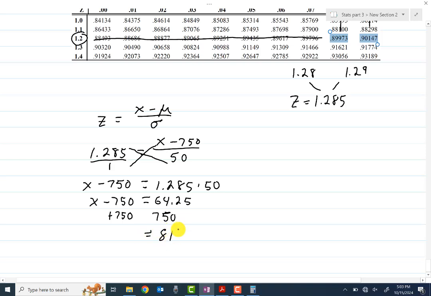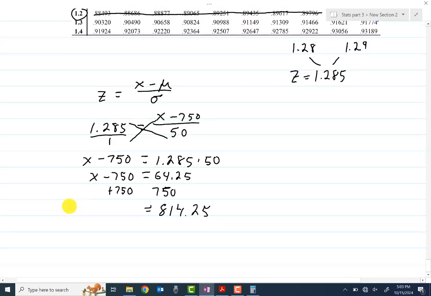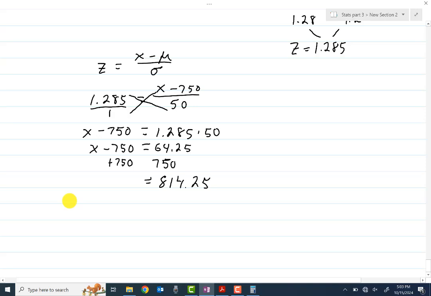So that'll be 814.25. Now, since these are test scores, it's probably going to be the case that the numbers are whole numbers, and they would probably either say 814 or 815. Don't concern yourself with that. I'm happy enough that you just get to this point. That's a perfectly good answer for me. And so that is the score.